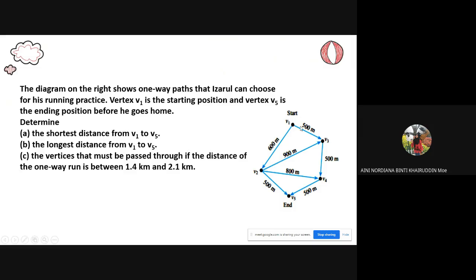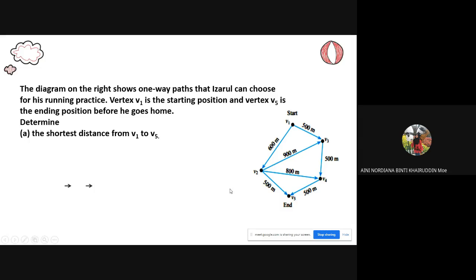There are other ways too. So you have to determine the shortest distance from V1 to V5. The shortest distance is V1 to V2 first, and then to V5.